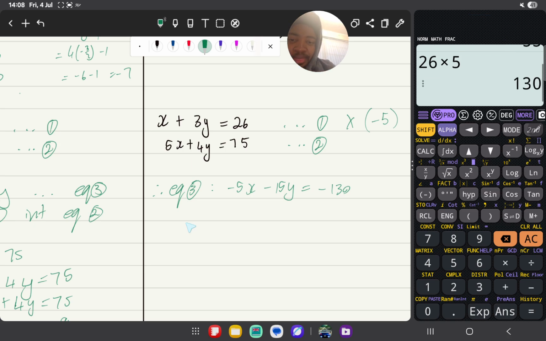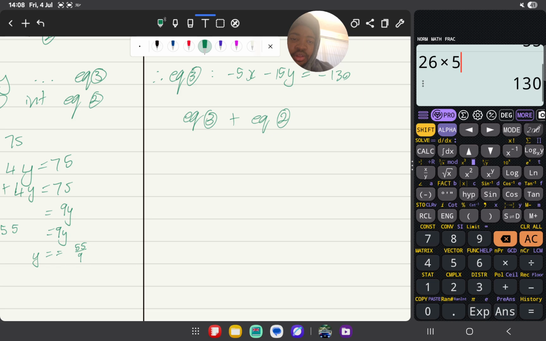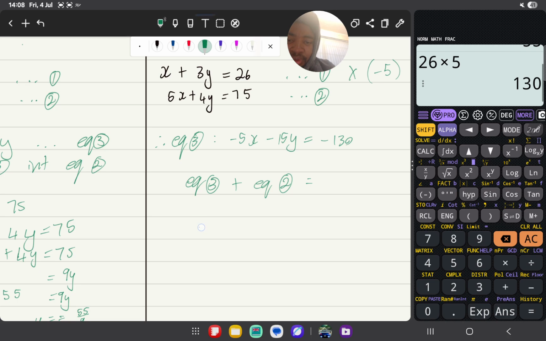Now equation 3 plus equation 2 will be minus 5x minus 15y equals negative 130, plus 5x plus 4y equals 75.